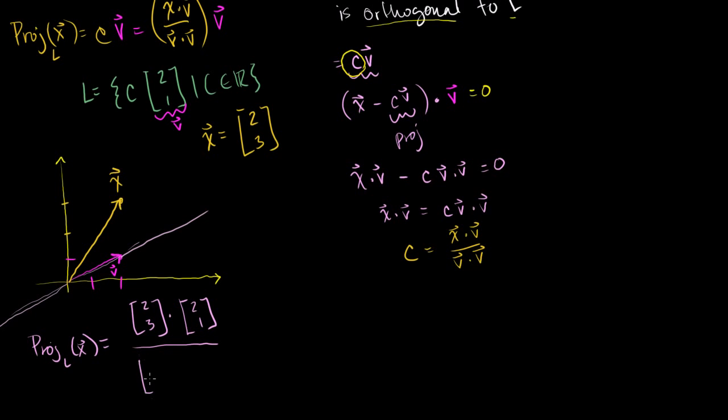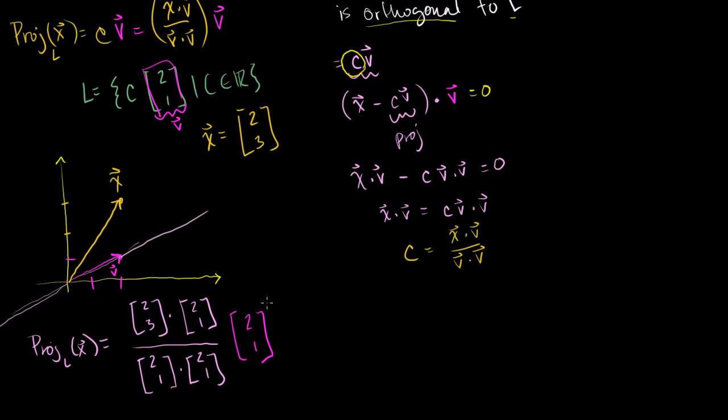So all of that over 2, 1 dot 2, 1, times our original defining vector v. So what's our original defining vector? It's this one right here, 2, 1. So times the vector 2, 1.